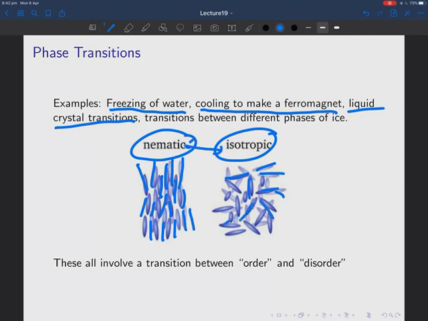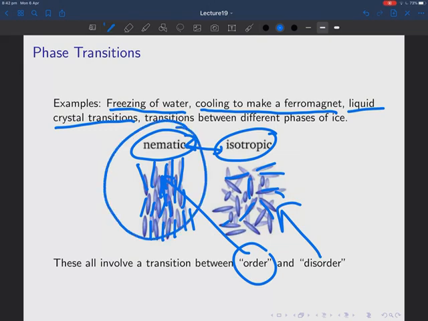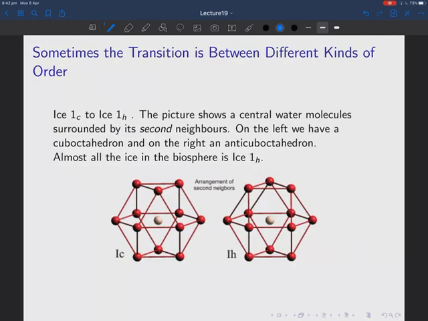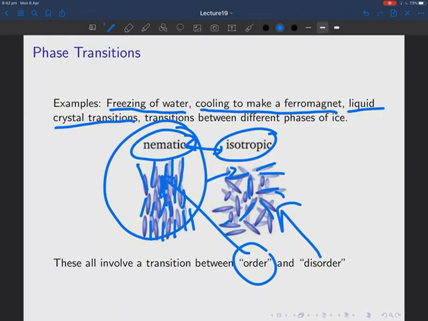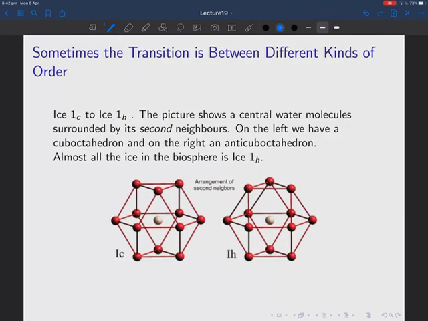So there's a so-called nematic phase, and an isotropic phase, and it's going from an order here to disorder here. Okay, so that's an example of a phase transition. Always, if you have a display, it's going to be in this phase. If you go into this phase, your display will cease to work, and you can do that by heating it up enough. So this is an example of a transition between order and disorder.